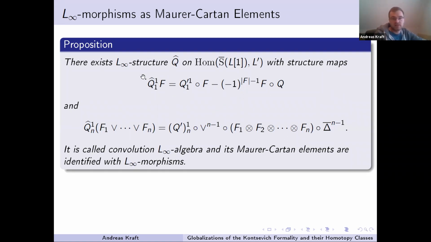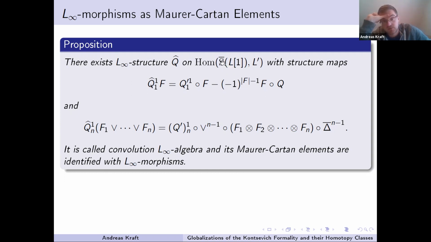And that this is an L-infinity structure is pretty clear because Q prime and Q are L-infinity structures. So this is not hard to show. So let's take a look at its Maurer-Cartan elements. Maurer-Cartan elements are of degree 1 in this space.